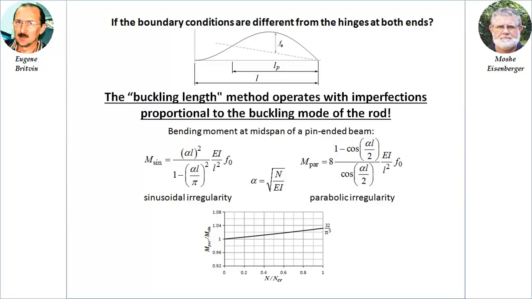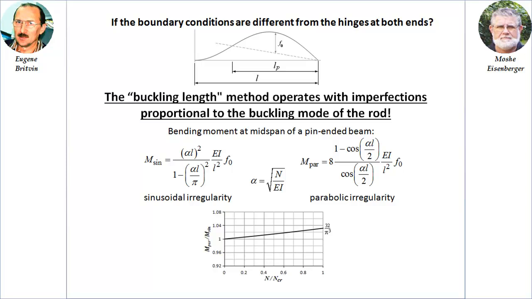As can be seen, this ratio is greater than unity across the entire range of force variation. That is, a parabolic imperfection with the same rise will always give a higher moment value, although not significantly different. And this is far from the limit.